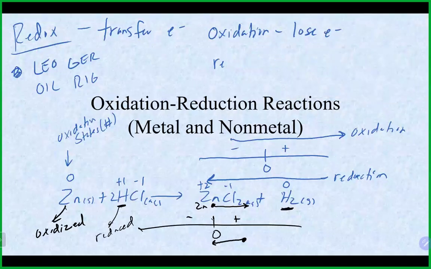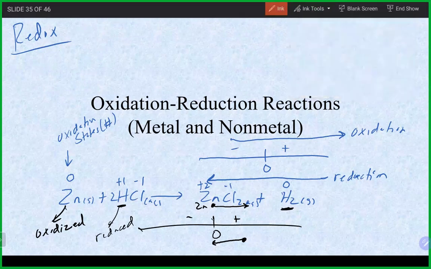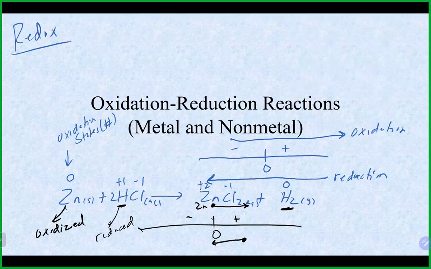So if we take our equation there that I wrote, and I break it apart into what is happening, the solid zinc is obviously going to stay together because it cannot break apart. But that hydrochloric acid is a strong electrolyte, like we talked about. It will break apart into 2 hydrogens and 2 chlorides.